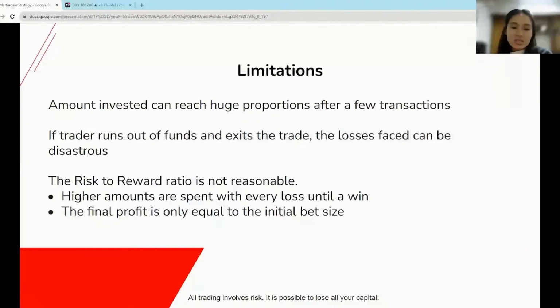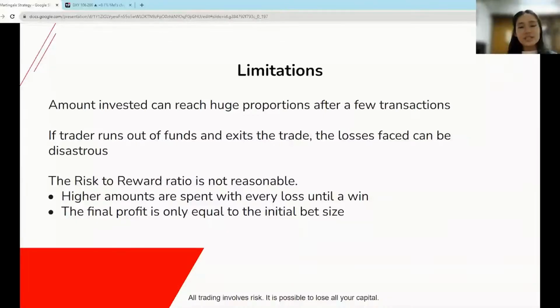Okay, so some important considerations. The martingale strategy assumes that you have an infinite amount of capital. We mentioned this earlier. It also assumes that markets will eventually reverse in your favor. But in reality, both of these assumptions are incorrect. The forex markets can trend for extended periods, resulting in a series of losing trades that can quickly wipe out your trading account.